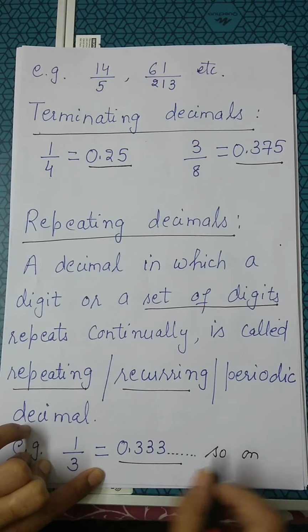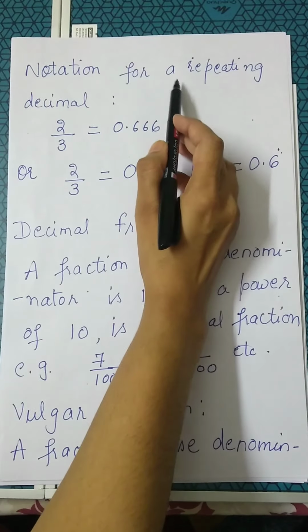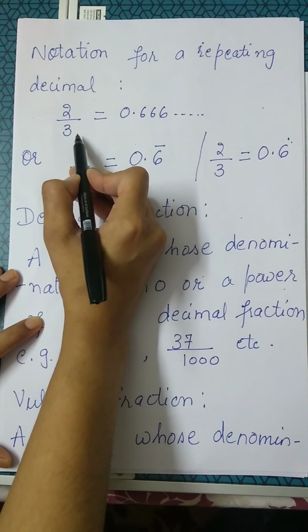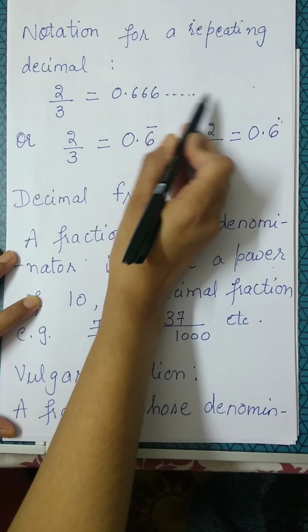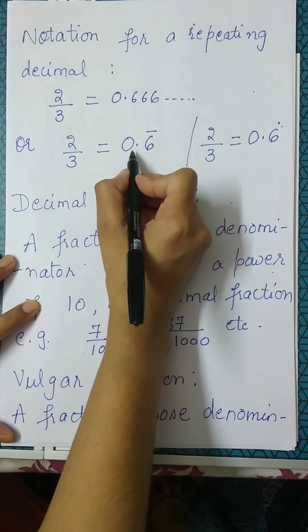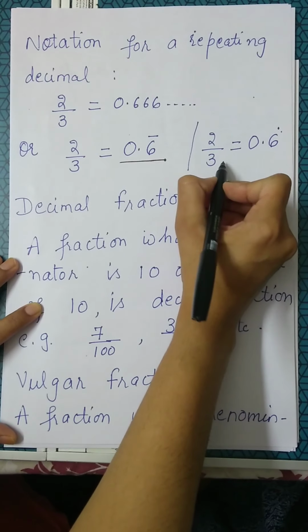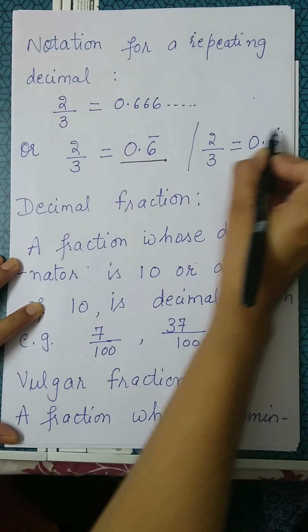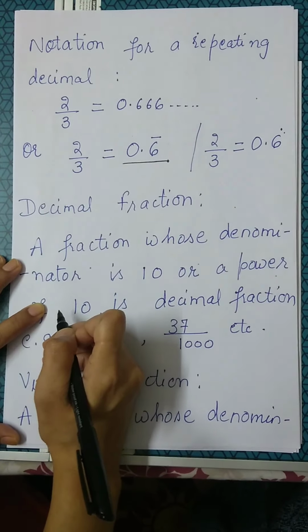Now, the notation to write the repeating decimal: let's say 2 over 3, and after dividing I am getting 0.666 and so on. I can write this as 0.6 bar, or 2 over 3 can be written as 0.6 dot. Either you can write this dot or this bar to represent recurring decimal numbers.